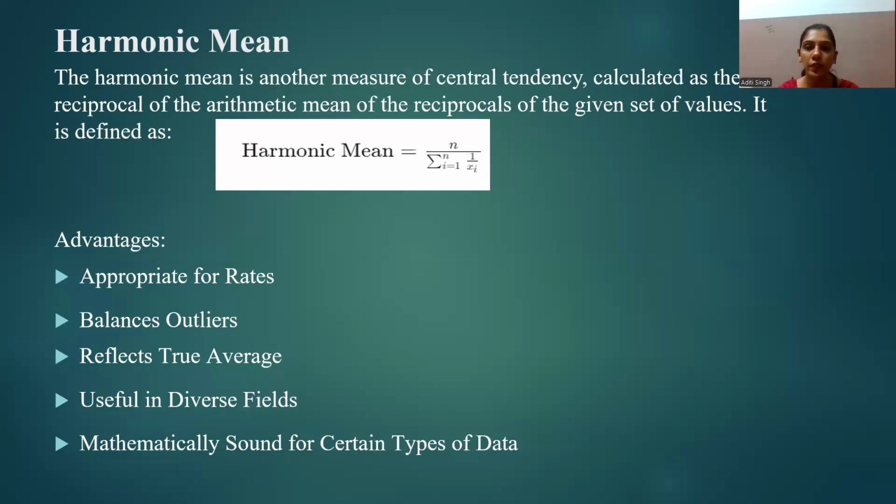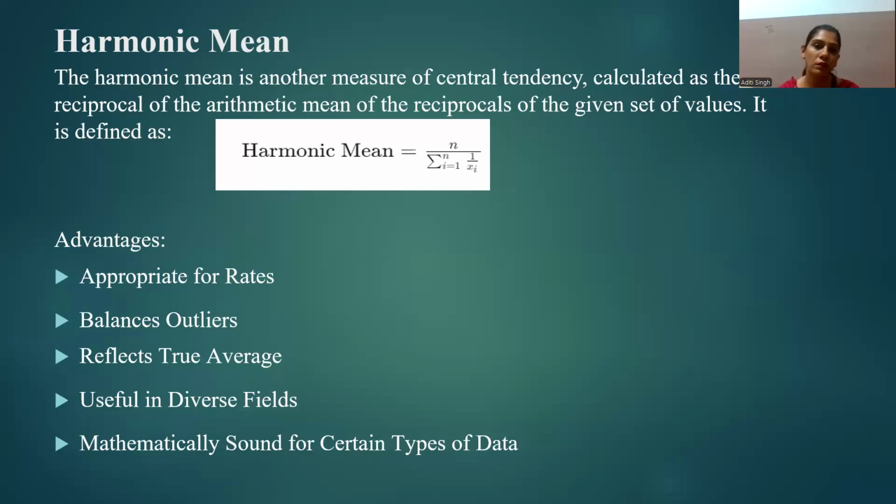Let us consider an example of calculating average cost or efficiency, where lower values are more critical, and the harmonic mean prevents the large outliers from disproportionately skewing the result.